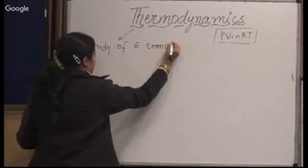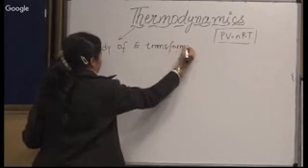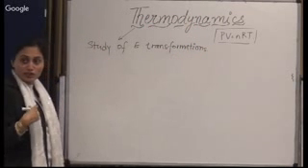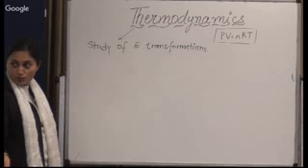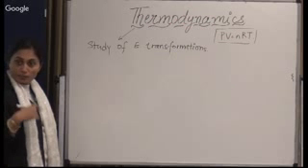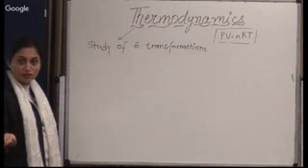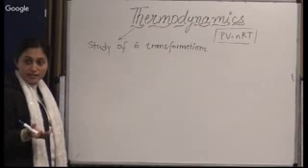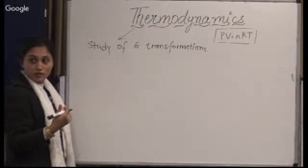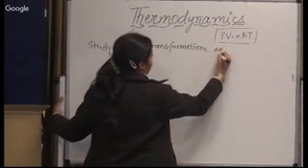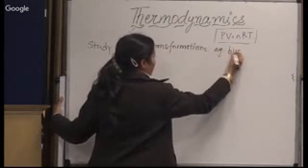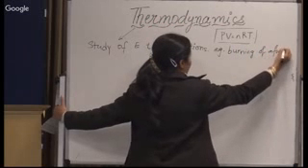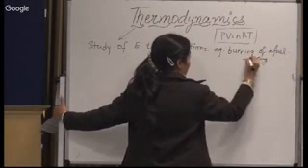Energy transformations means, for example, when you operate a cell, you know that the chemical energy is being utilized to do some kind of work, right? The chemical energy may be converted to an electrical energy, or an electrical energy may be converted to a chemical energy. Say you burn a fuel for running an engine.